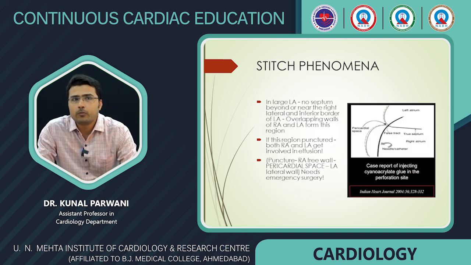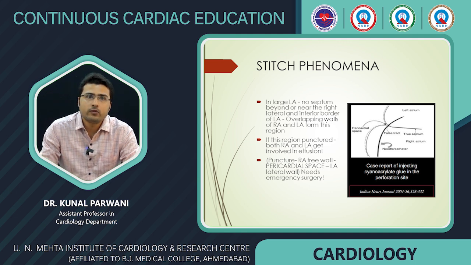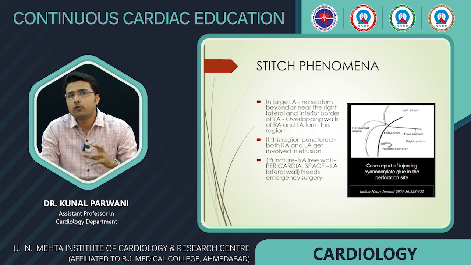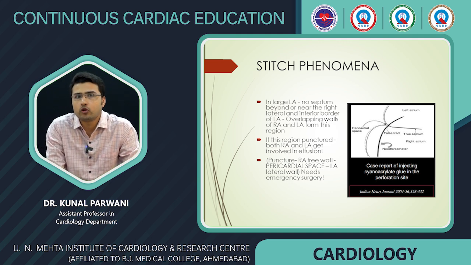Second most common complication is the stitch phenomenon. As you can see in this image, if the needle perforates the junction of the RA and LA more posteriorly, it might travel from the RA to the pericardium and enter into the LA, leading to effusion, and this is known as the stitch phenomenon.